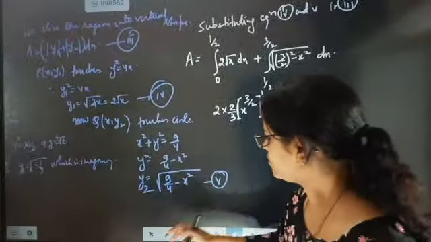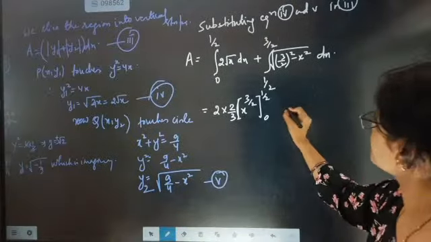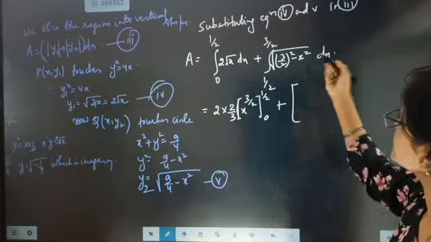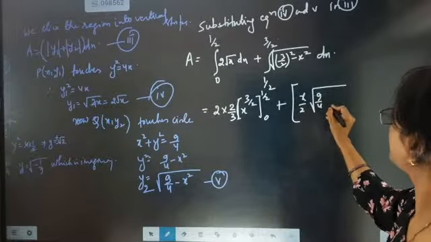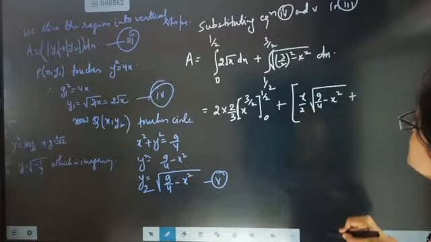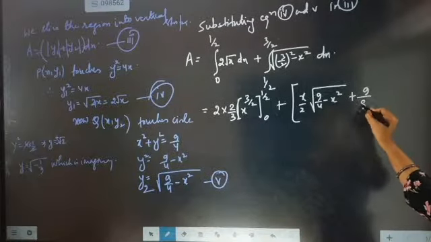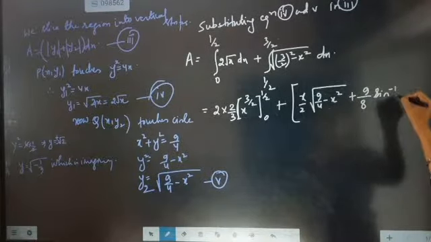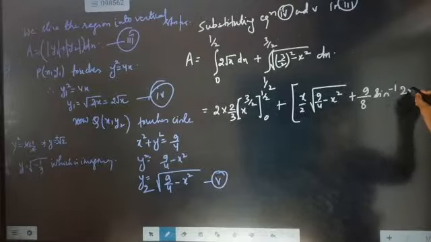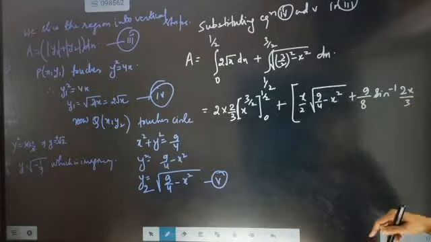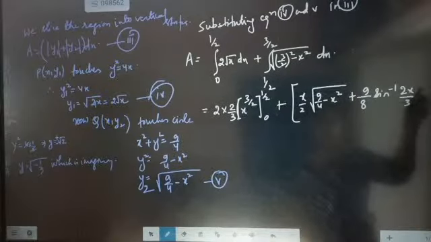From here you have to check carefully, as I am doing massive work here. So it is x by 2 root of 9 by 4 minus x square plus a square by 2, that is 9 by 8, sine inverse x by a. So x by a is 2x by 3, because a is 3 by 2.